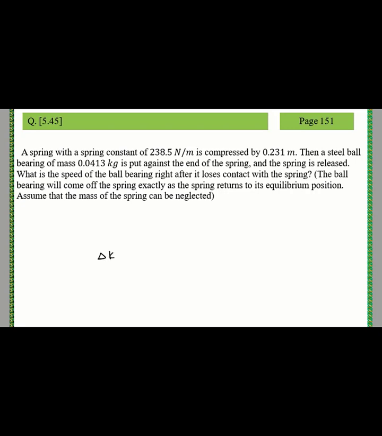Delta K plus delta U equals W external, which is 1/2 k x squared, and delta U, if it is horizontal, is 0, and we have here 1/2 m v final squared minus v initial squared.